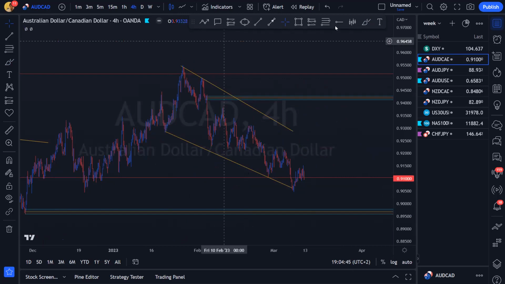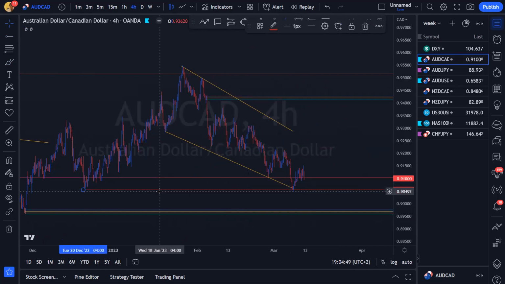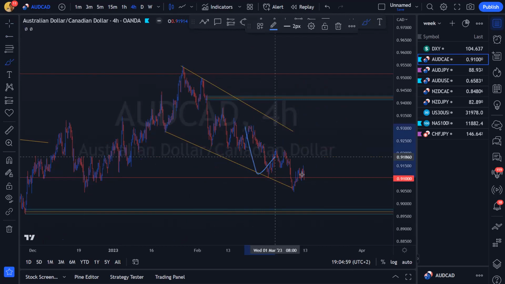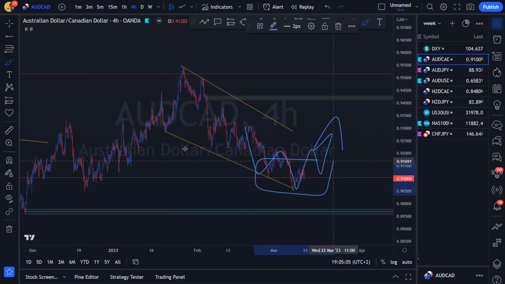But aside from us maybe being at some sort of a support, yes, we could argue we're at support. We can still buy. We'll buy if we find a reversal structure forming inside of this area. So if price action does give us some sort of an inverse or whatever the case is, then we will be looking to buy inside of this area here because we're at support. We're at a support trend line.